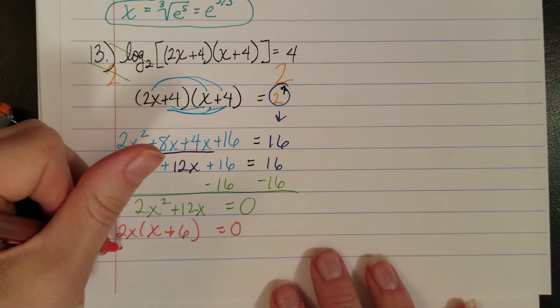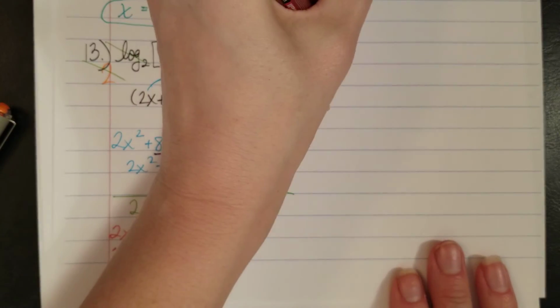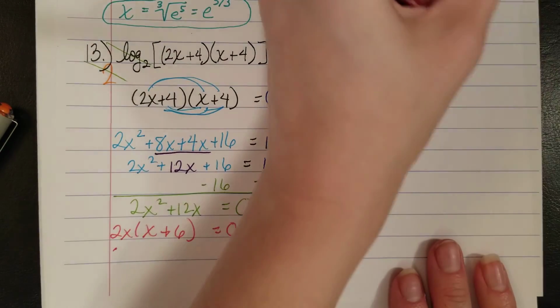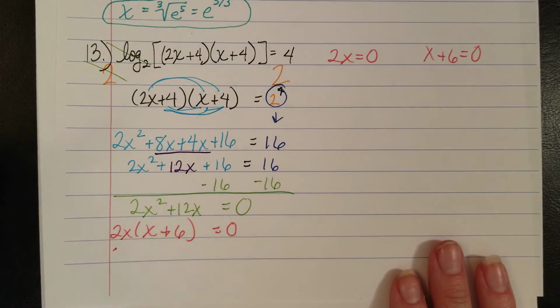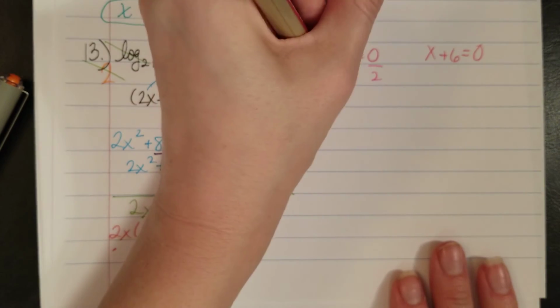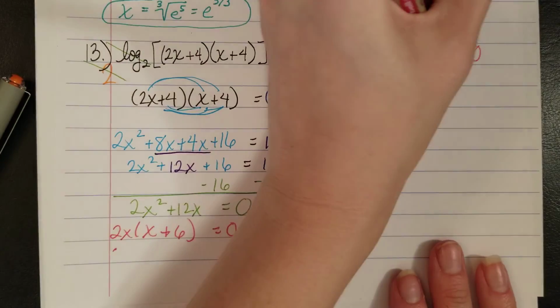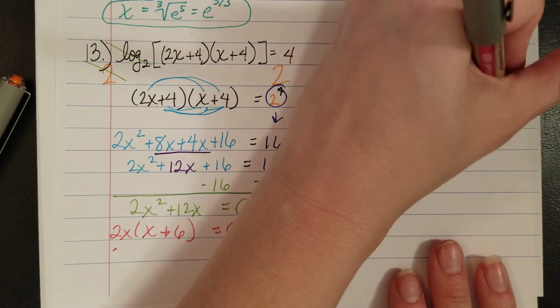So that would mean that I can have 2x equals 0 and also x plus 6 equals 0. If 2x equals 0 and I divide both sides by 2, that would give me x equals 0. And then over here, that would give me x equals negative 6.